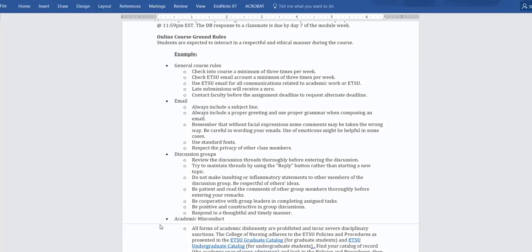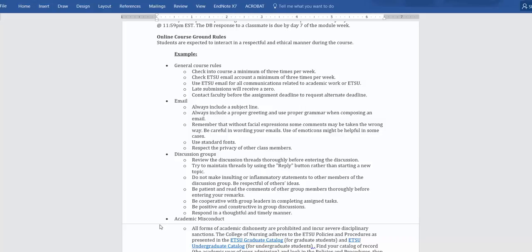In terms of some of the online ground rules, some of the general course rules, I've already mentioned checking at least every 3 days. We want you to check in 3 times a week. Check your ETSU email account as well. Use ETSU email for all communication related to academic work or ETSU. And I'll give you just an example. I did have a situation last semester where I actually got an email through my Yahoo.